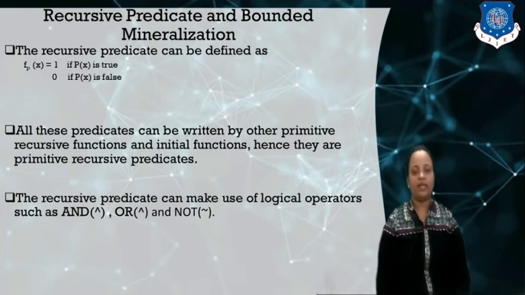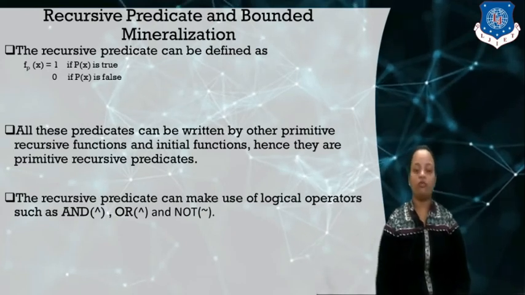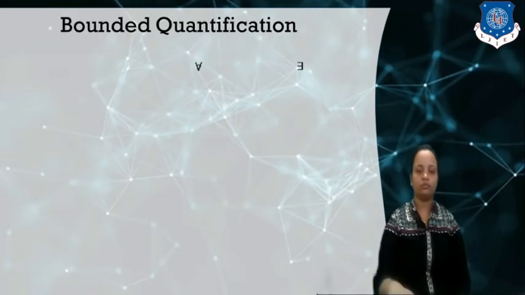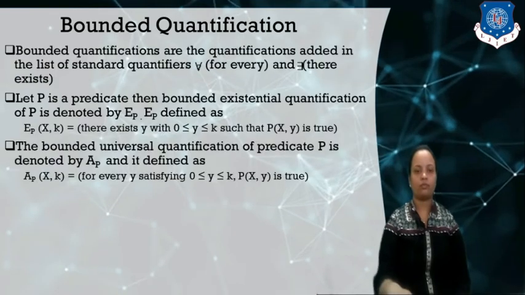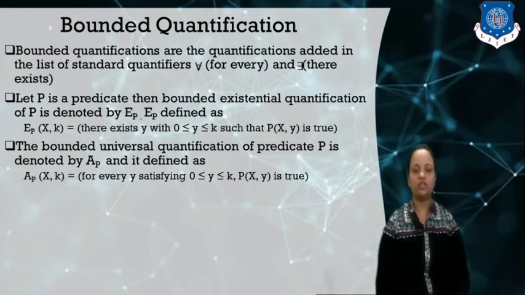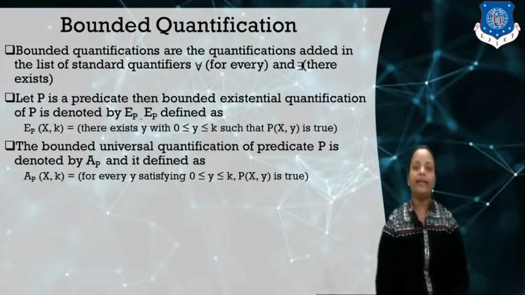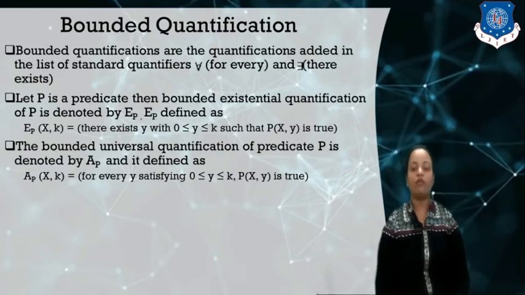This recursive predicate can make use of logical operators such as and, or, not. Now, what is bounded quantification? Bounded quantifications are quantifications added to the list of standard quantifiers like for all.